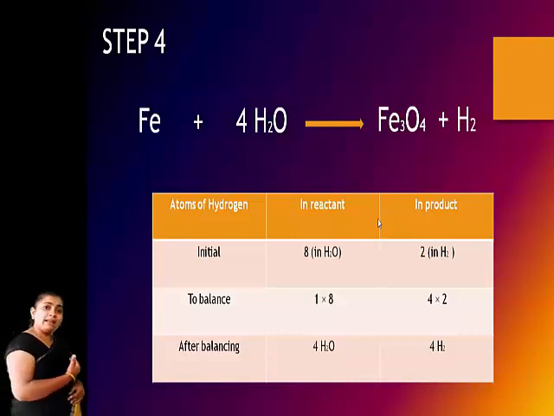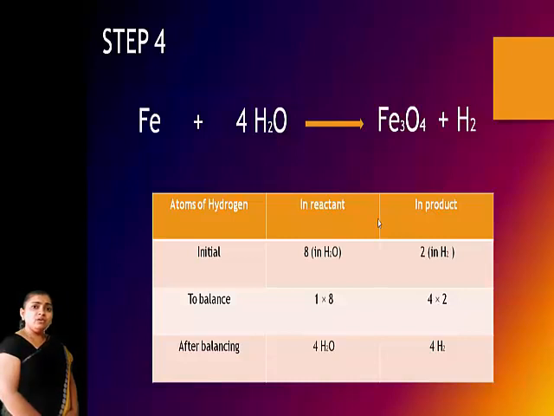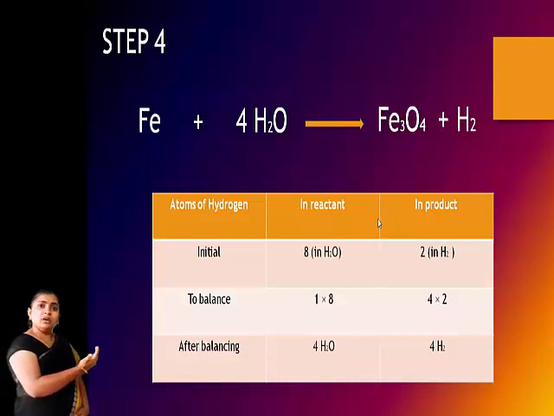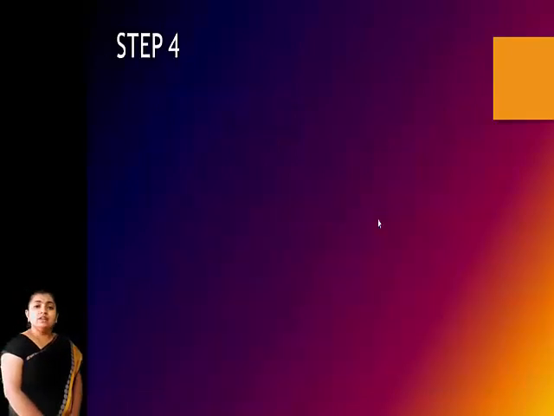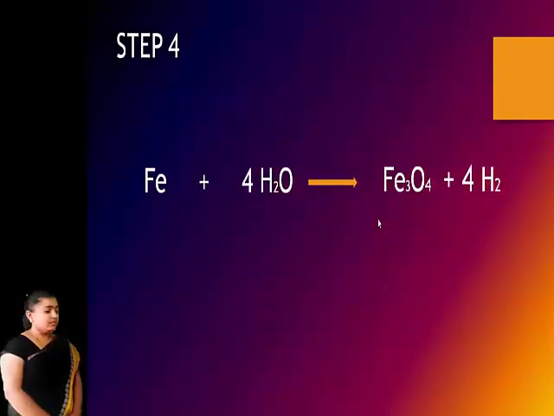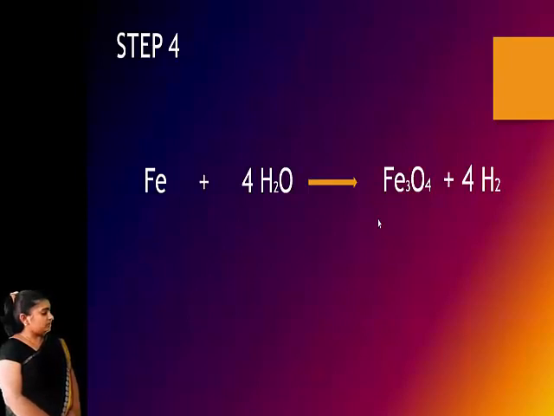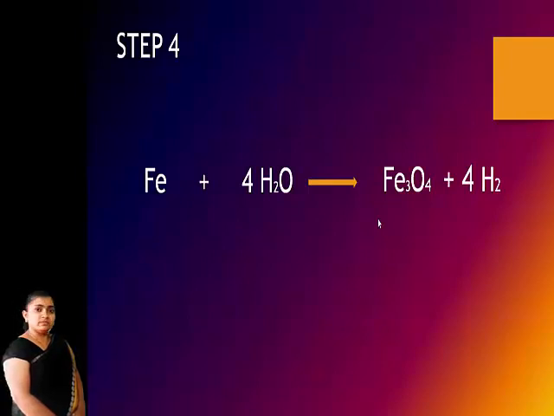So to balance the hydrogen, we have to multiply on the product side by 4. So we write 4H2 on the product side. Now our equation is Fe plus 4H2O gives Fe3O4 plus 4H2.